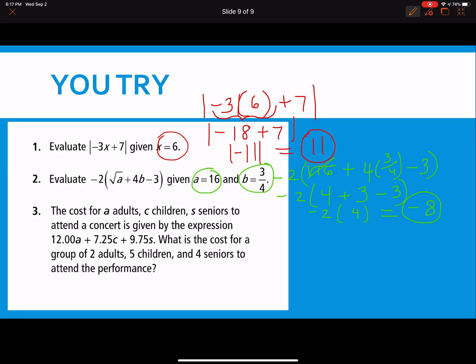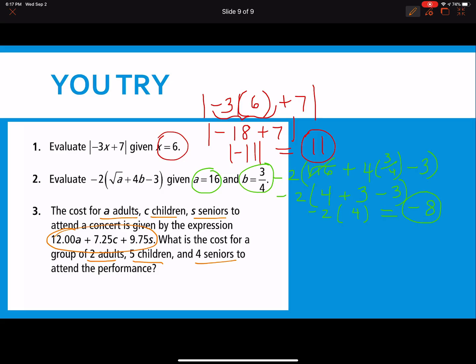Okay, number 3, the cost for A, adults, C, children, S, seniors to attend a concert is given by the expression. What is the cost for a group of 2 adults, 5 children, and 4 seniors to attend the performance? So they've given us the expression in number 3, and they've also given us the values to substitute.